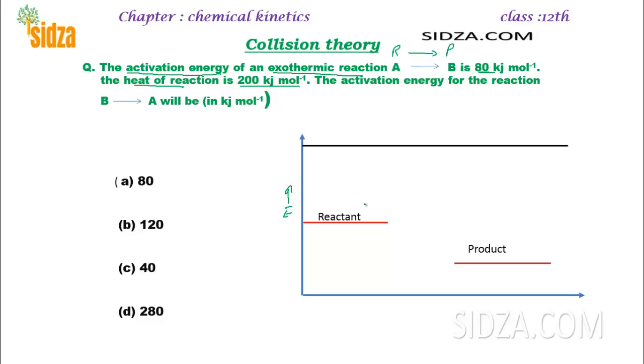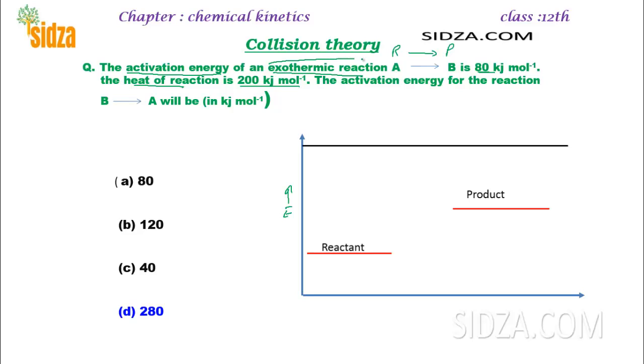In case of endothermic reactions, reactants have actually lower energy and the products have high energy. But in this case we have an exothermic reaction, which means that reactants have high energy and the products have a lower energy.